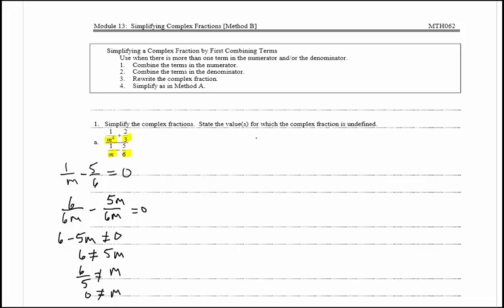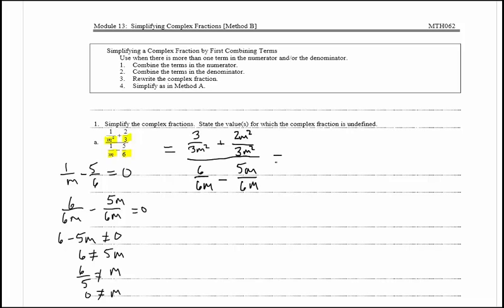And now it wants us to simplify it as well. So we have a common denominator of 3m squared in the numerator. So we're going to have 3 over 3m squared plus 2m squared divided by 3m squared, all divided by, in the denominator, our common denominator is 6m, so we have 6 over 6m minus 5m divided by 6m.